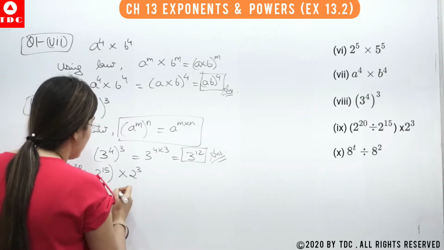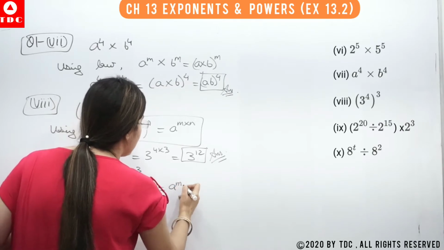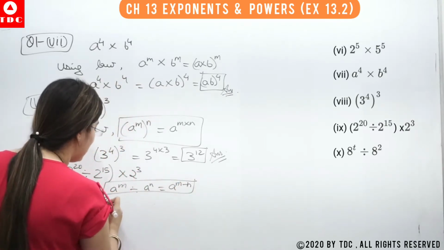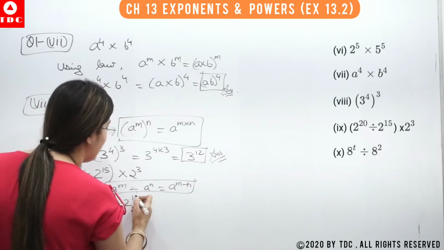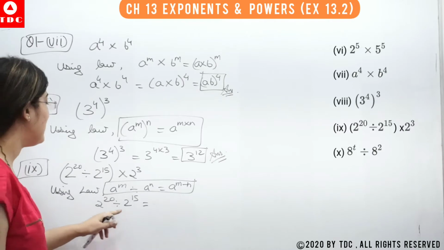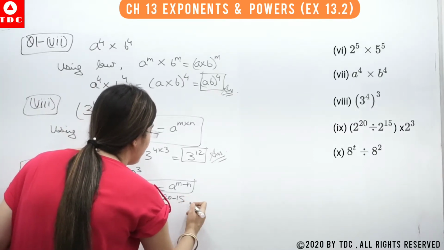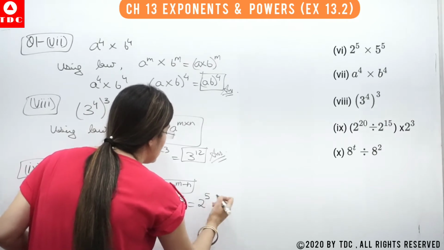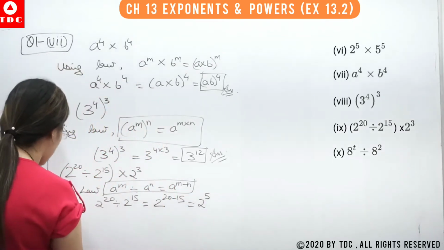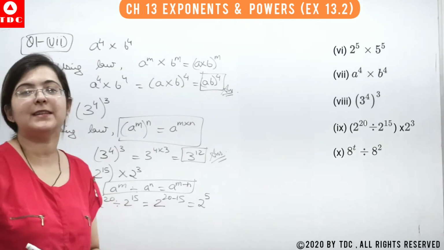Using the law a to the power m divided by a to the power n gives a to the power m minus n. So 2 to the power 20 divided by 2 to the power 15 gives 2 to the power 20 minus 15. That means 2 to the power 5. Now this bracket we solved. We are getting 2 to the power 5 into 2 to the power 3.